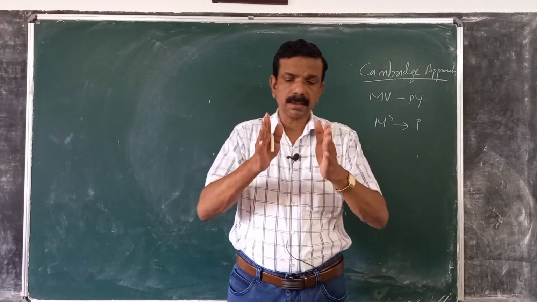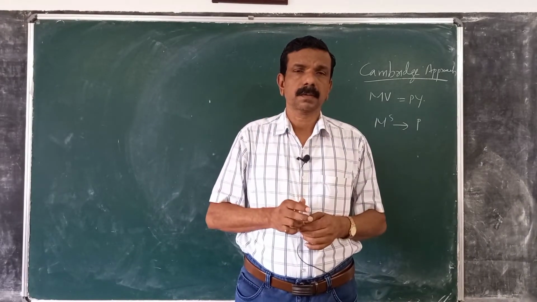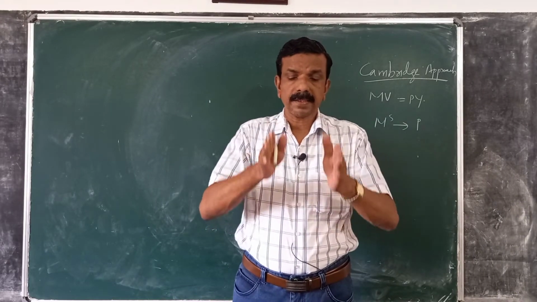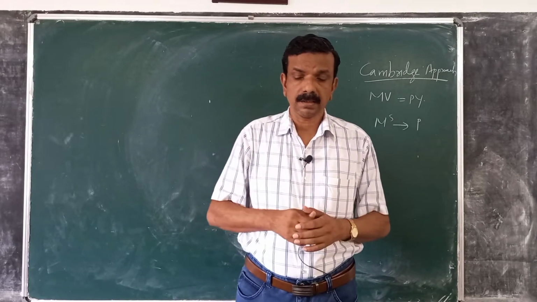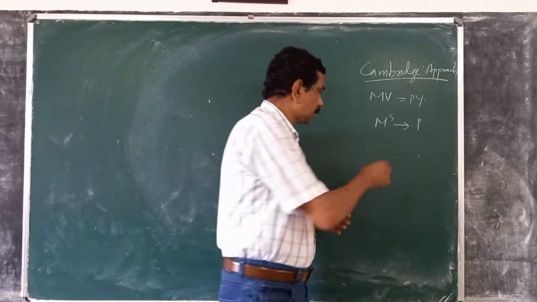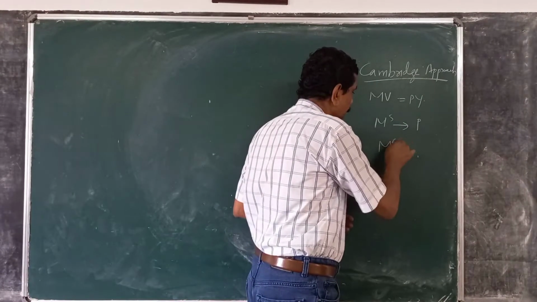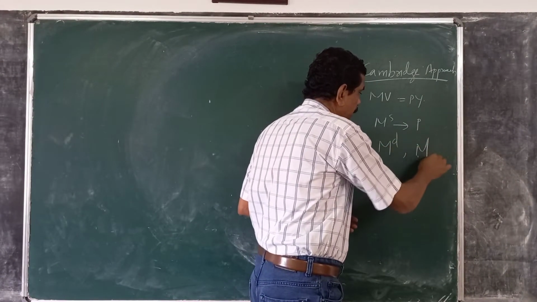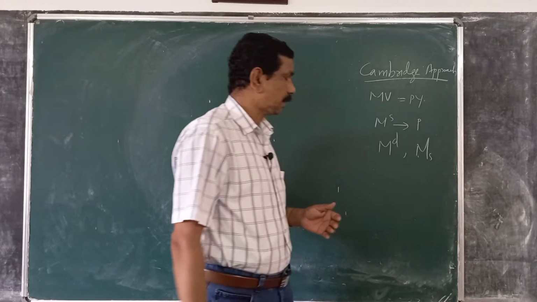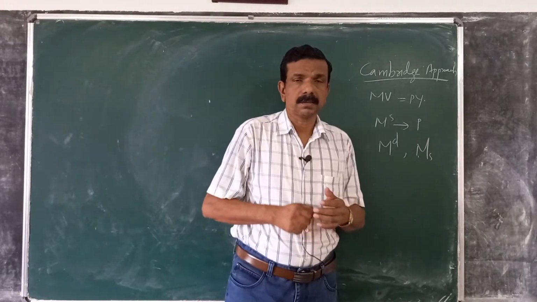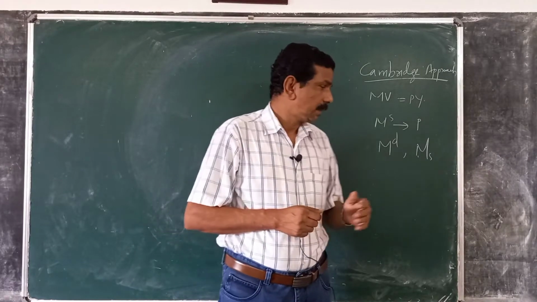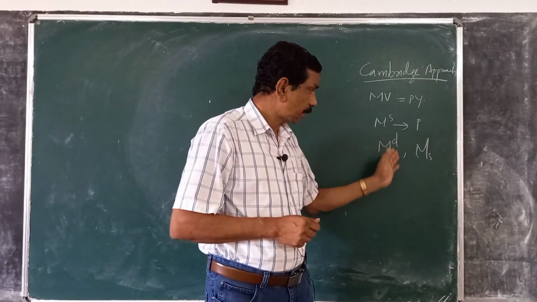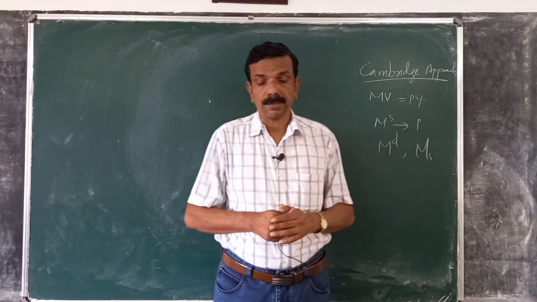Now, the Cambridge economists made a clear distinction in their version of the quantity theory between demand for money and supply of money.